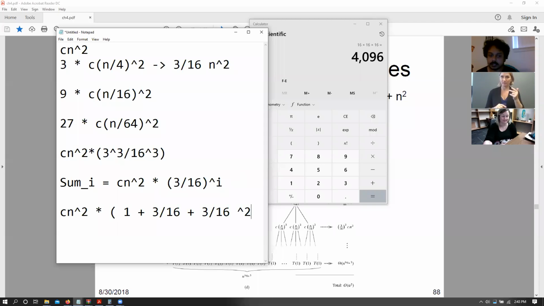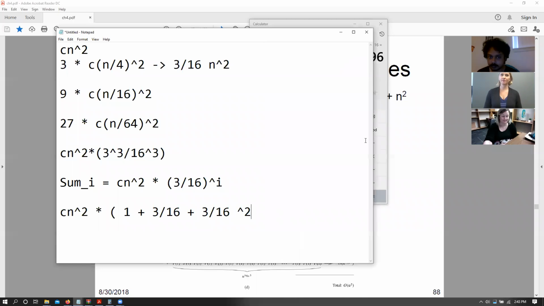So in this case, we know this summation, 1 plus 3 by 16 plus 3 by 16 squared and so on, does this tend to infinity or would this tend to a fixed point, in terms of our series that we discussed earlier? Fixed point or infinity? I think it's a fixed point because it's getting smaller and smaller.